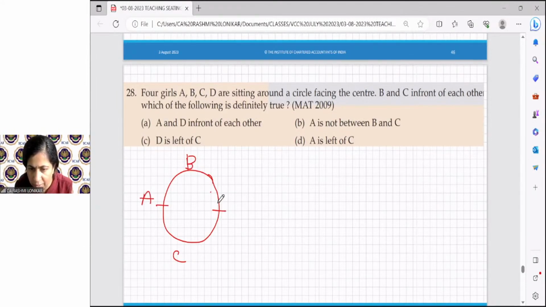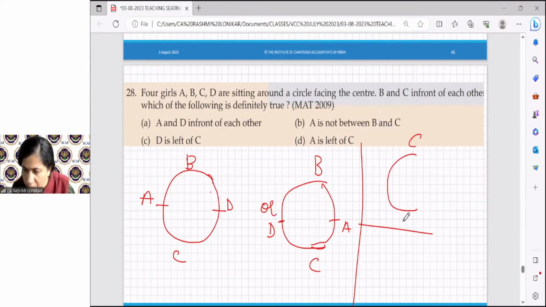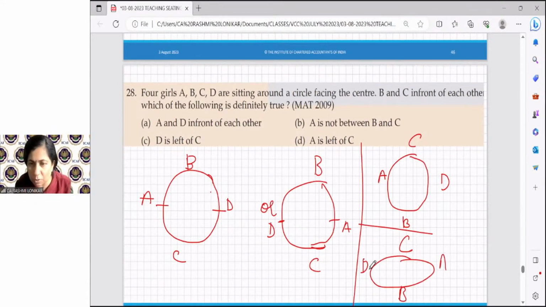I can have A, D, or if B is here and C here, I can have D, A. I can also have other two options. I can have C, B, A, D, or I can have C, B, D, A. These are the four options possible.